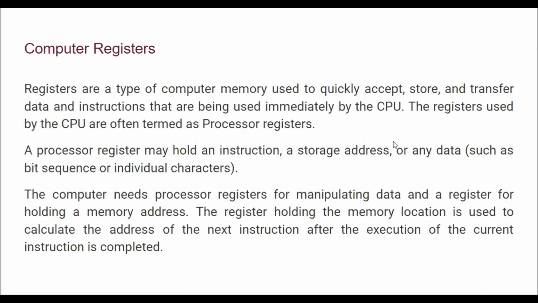The computer needs processor registers for manipulating data and a register for holding a memory address. The register holding the memory location is used to calculate the address of the next instruction after the execution of the current instruction is completed.